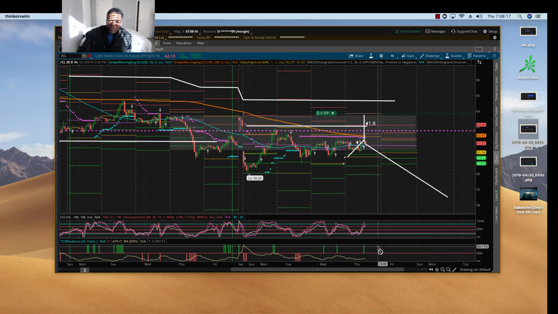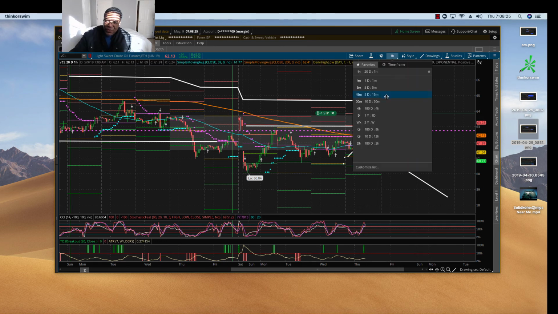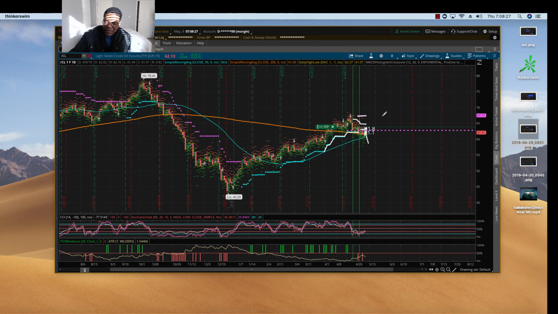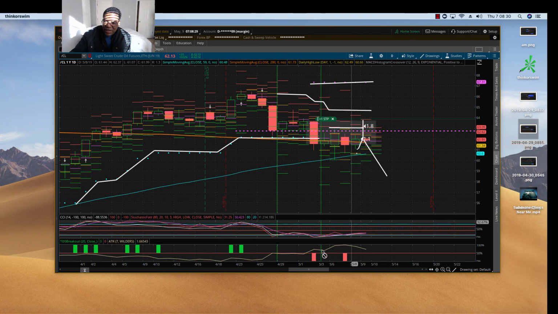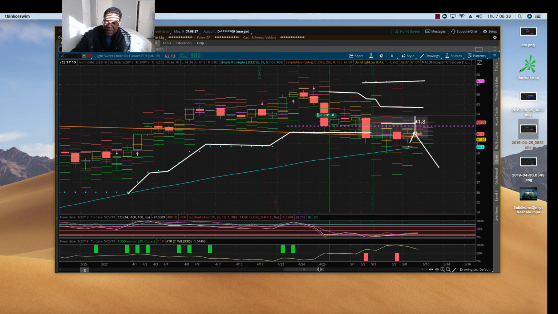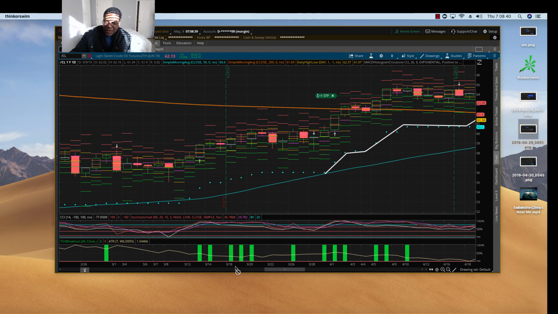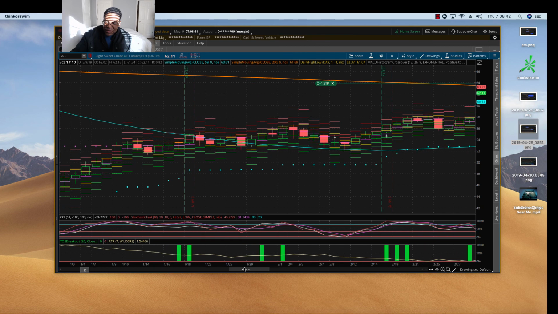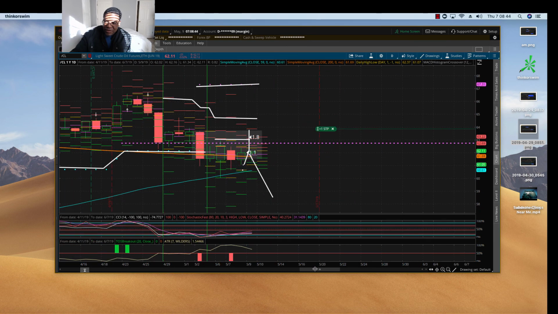It might not happen today, it might happen in a few days, but most likely this trend is going to continue. Let's go back to the daily. See, this thing started at 5.2. We're early in this down cycle that's about to happen. These cycles last for months or weeks, so we're early in the cycle.